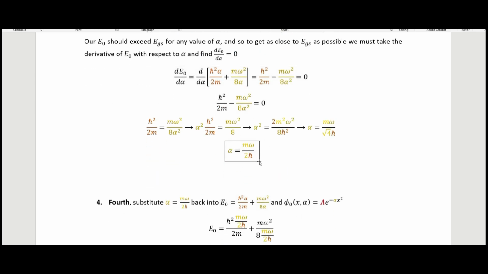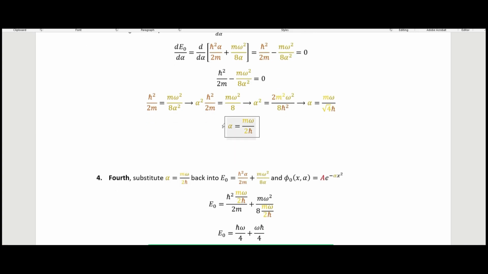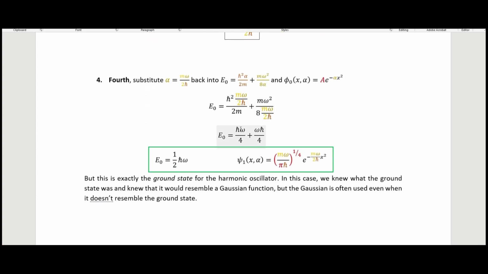And so when we go through all that, we find that our alpha is equal to m omega over 2 h bar. So from that, we will substitute that back into our energy and into our wave function here. And so when we go through the math on that, we end up with this as our energy and this as our wave function.